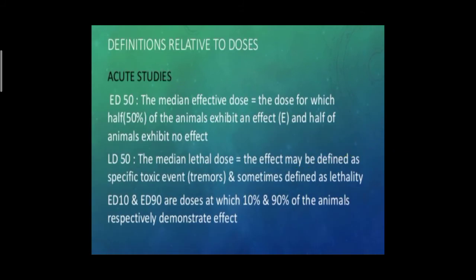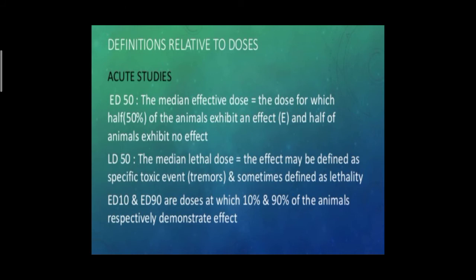So we have to know two terminologies: ED50, effective dose 50, and lethal dose 50. Effective dose 50 is the median effective dose, the dose for which 50% of animals exhibit an effect and half of the animals exhibit no effect. ED50, effective dose, is the therapeutic dose. It is effective in the particular animals.